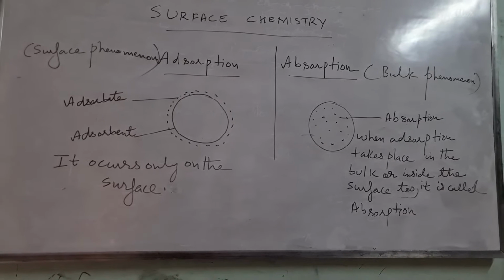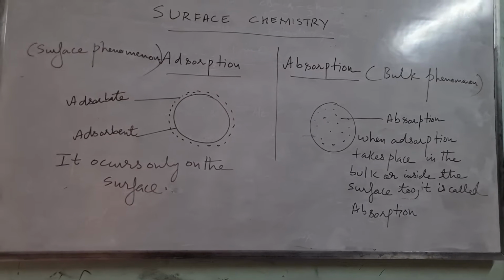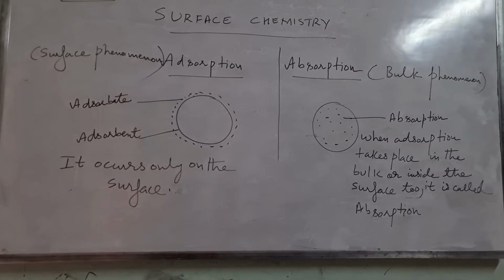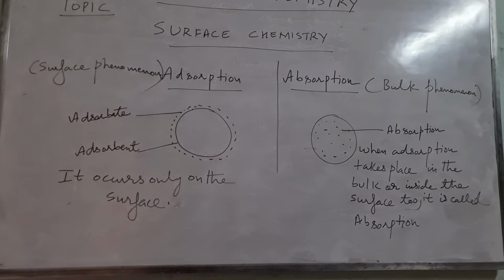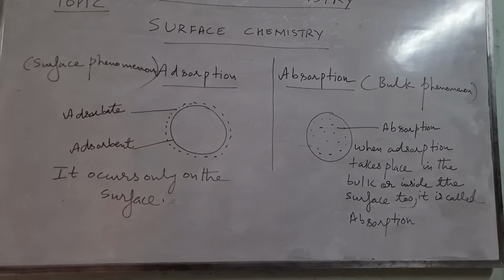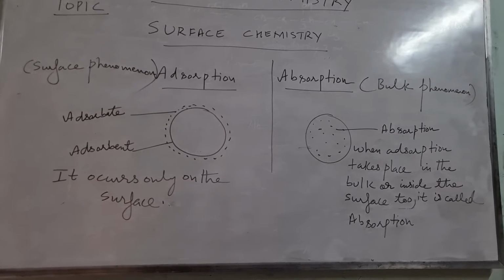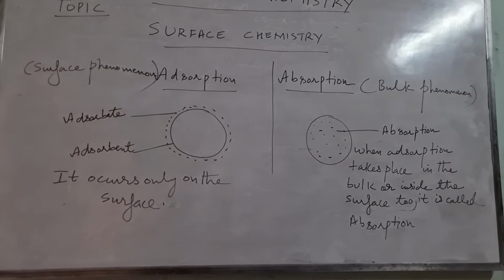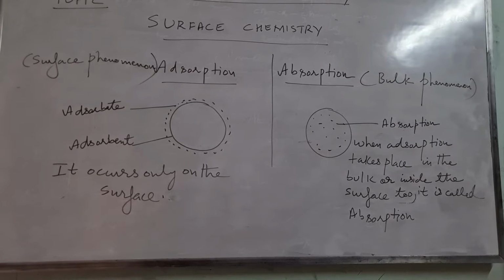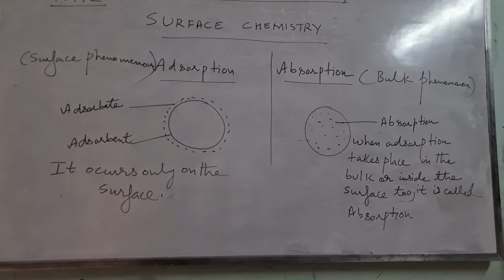The substance on whose surface the adsorption occurs is known as adsorbent. As you can see from the board, I have marked adsorbent. Adsorbent is a substance on whose surface the adsorption takes place. On the other hand, there is one more word, adsorbate.